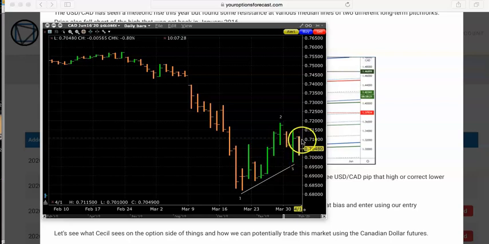So any bar that takes out the high of this bar, or maybe the high of this second, the green bar, if it takes out the high of that green bar, that will be a confirmation for us, an early entry signal that the Canadian dollar is on its way up. It's targeting the number 2 point, and the moment it breaks through the high at the number 2 point, that is the point in time when our uptrend is established. Then we've got a new uptrend, and we're targeting an upwards move in the Canadian dollar.